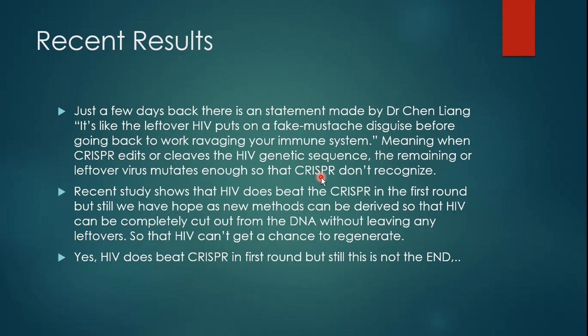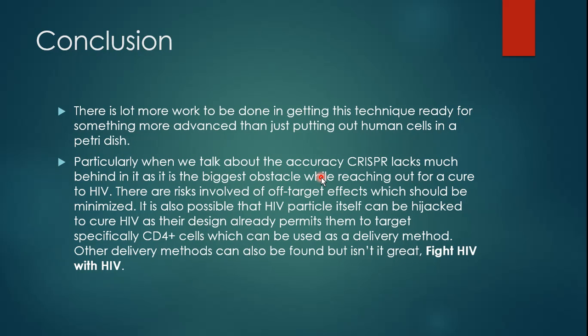Yes, HIV does beat CRISPR in the first round, but this is not the end. There is a lot more work to be done in getting this technique ready for something more advanced than just working on human cells in a petri dish.